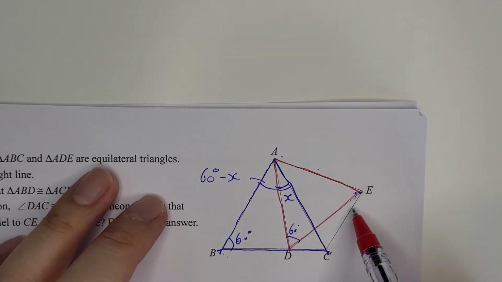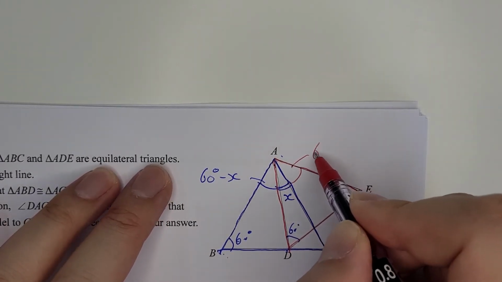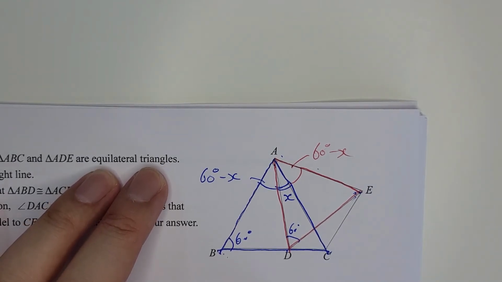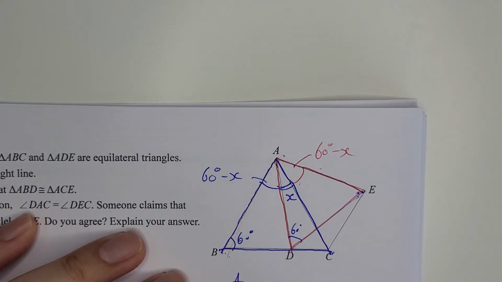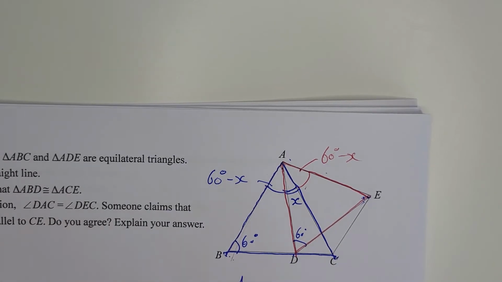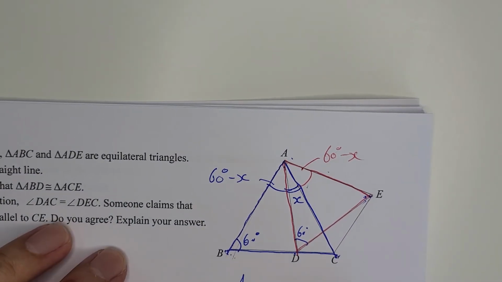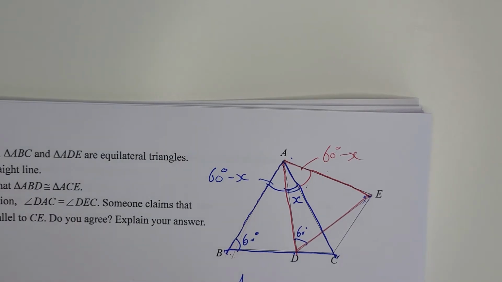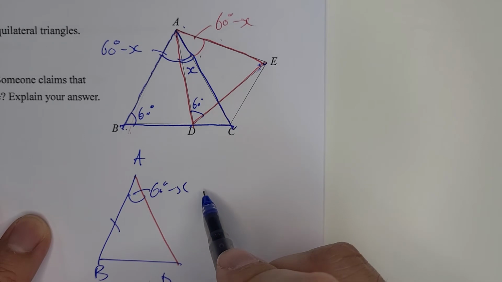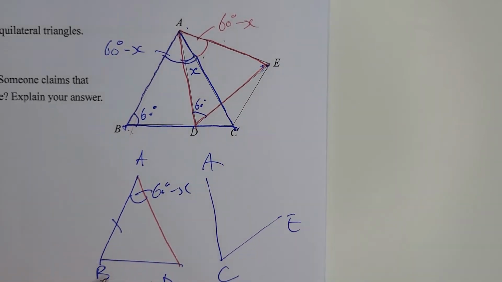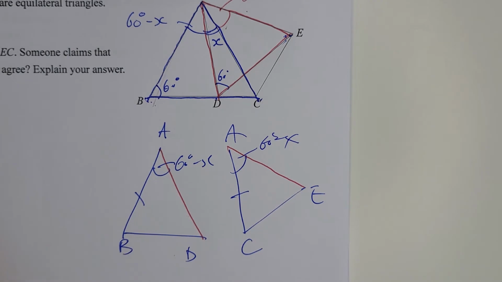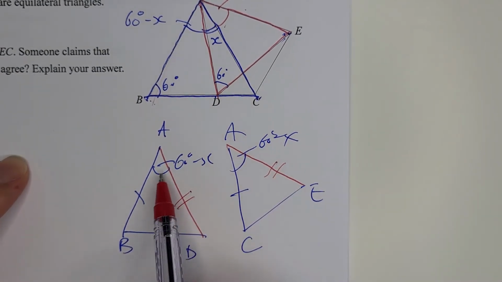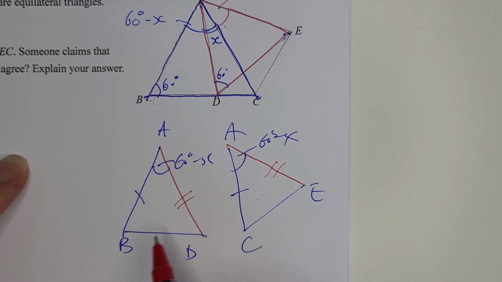On the other hand, in this smaller equilateral triangle, this is also equal to 60 degrees minus X. So in triangle ABD, with this line, that is 60 degrees minus X, and in the other triangle ACE, here there is 60 degrees minus X. So you can observe that AB equals AC, AD equals AE, and their included angles are equal. So these two triangles are congruent by SAS.